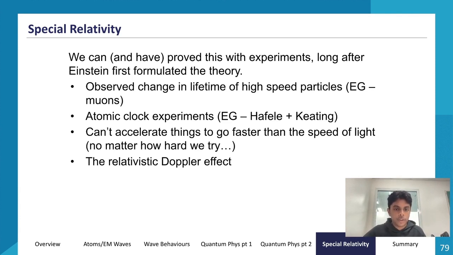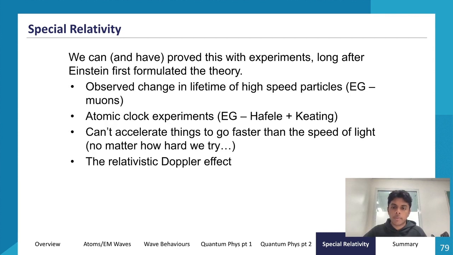And then there's also the fact that we try to accelerate things to be faster than the speed of light. It's very important to realize that we can't actually do that. No matter how hard we try, we can't, and that links to the idea of energy. It's related to relativistic mass, which is also relativistic momentum.